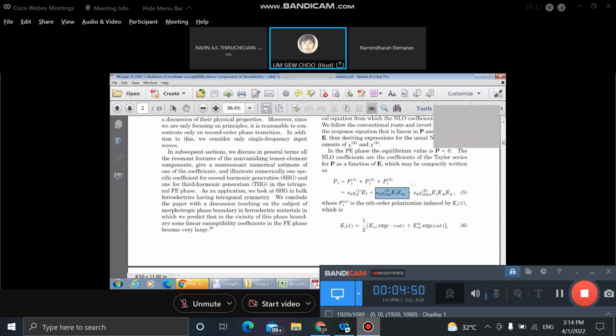And the third one is epsilon naught chi3 EEE. So for the linear you have only one E, for the second you have two E's, and the third one you have three E's. I have to be very careful of the time. So we come back to this.